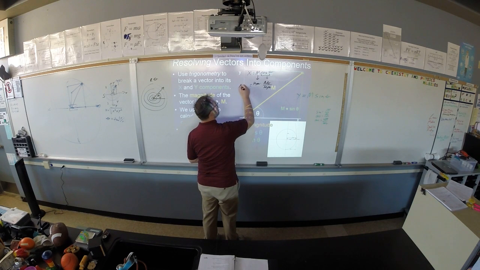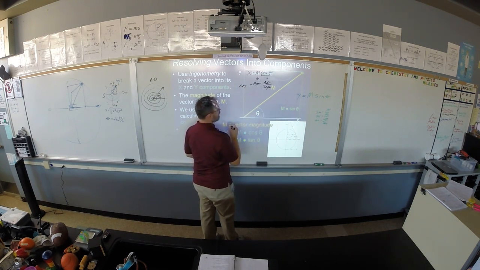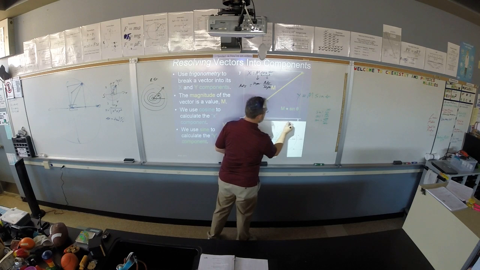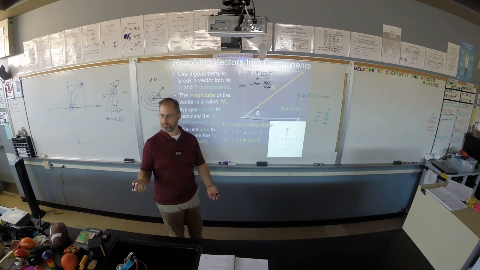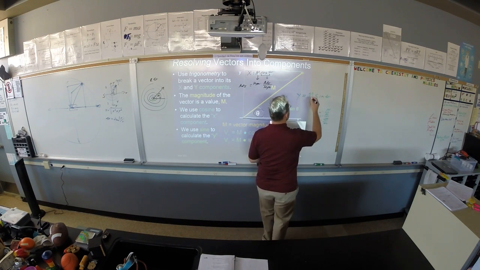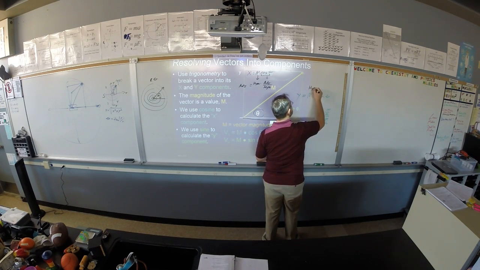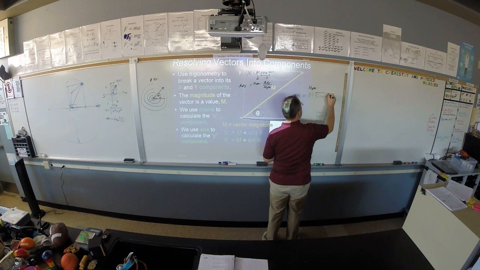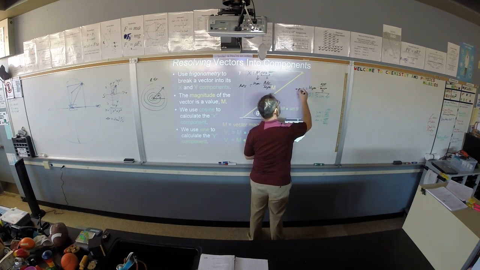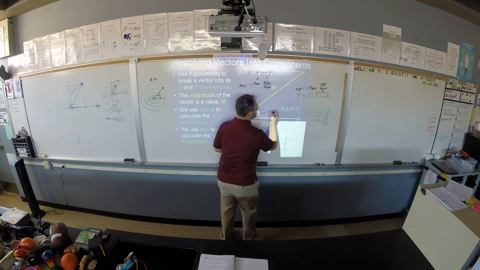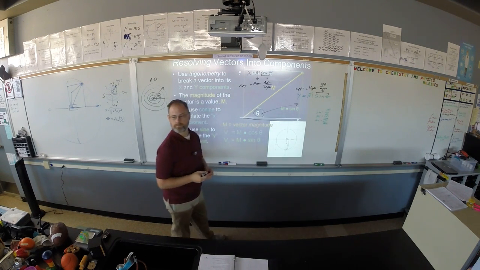Canceling these two out, you get adjacent. X is adjacent to the angle theta. Make sense? Yes. And the same thing here. M is the hypotenuse. Sine of theta is opposite over hypotenuse. Canceling out the hypotenuse, this is opposite. And y is opposite the angle.